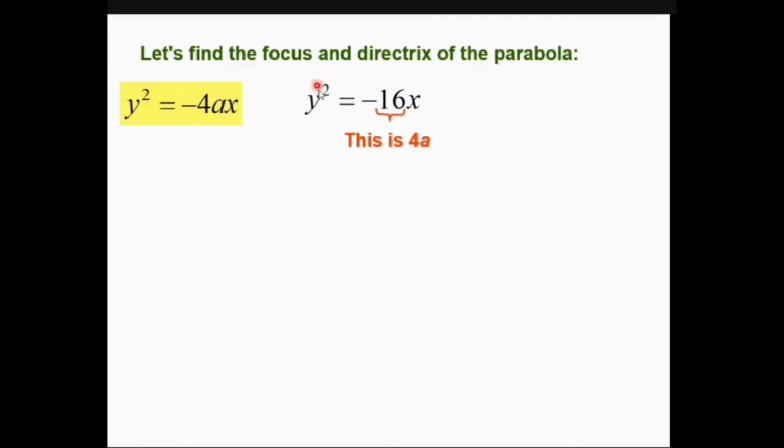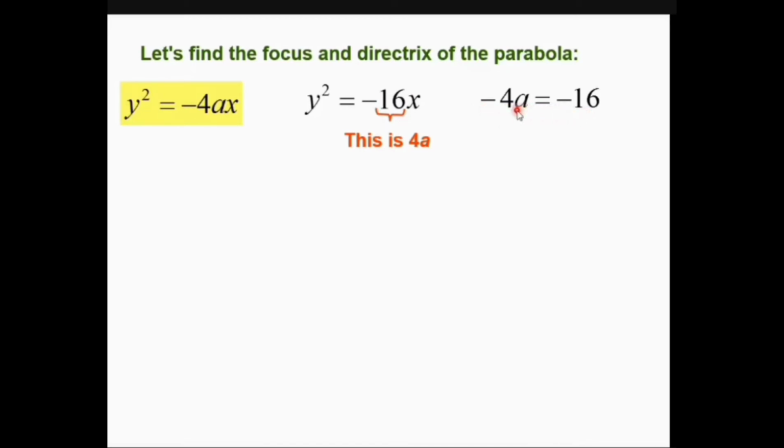Remember, we have y squared is equal to negative 4ax, or y squared is equal to 4ax. So meaning yung negative 16 dito is actually the value of negative 4a. So we have an equation, negative 4a is equal to negative 16.